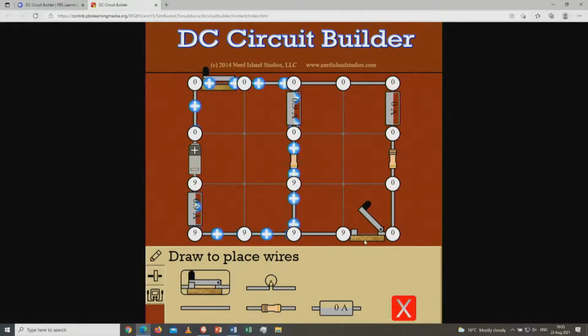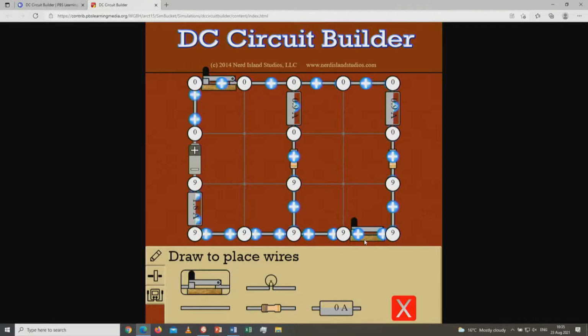Notice that when switch S1 is closed, the equivalent resistance of the two resistors is lower, and as a result of that, the circuit resistance is lower, hence more current flows through the circuit.